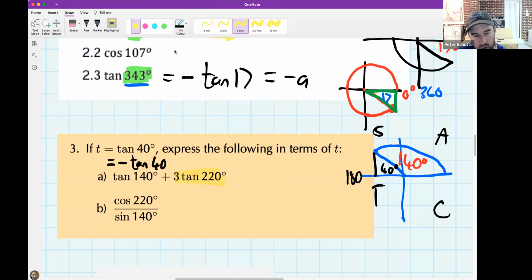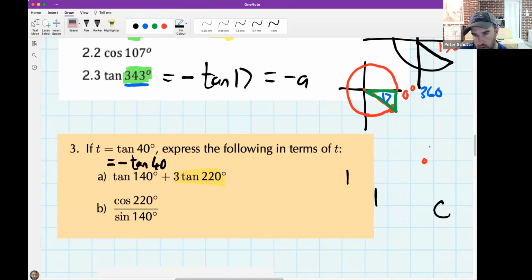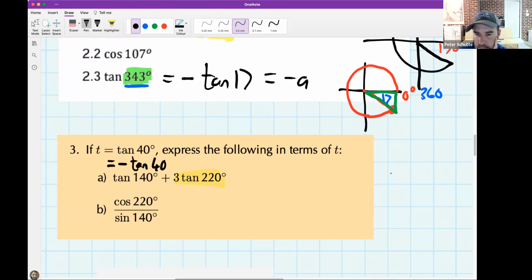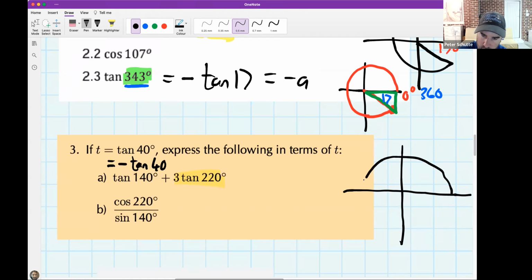Okay, so what is 3 tan 220? Let's work that out. You might need to draw another CAST diagram now. I think I'm in quadrant 3. Oh, but that means it's positive.